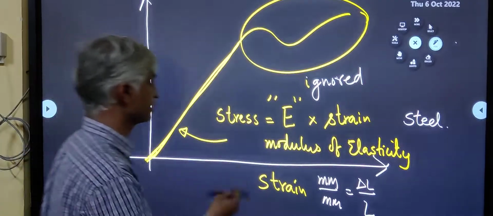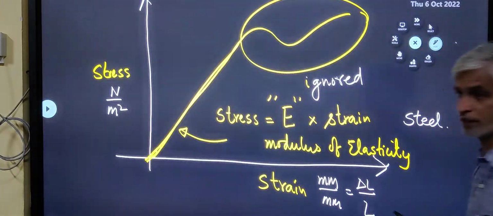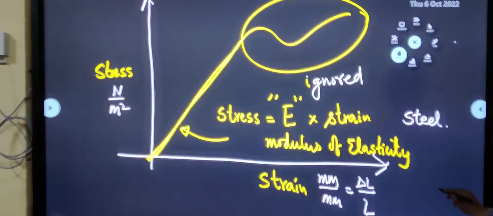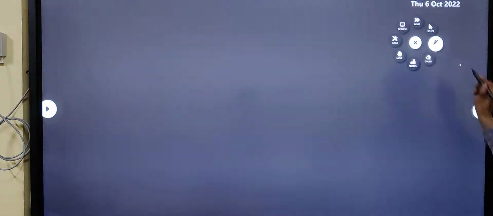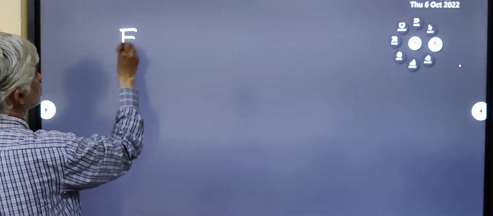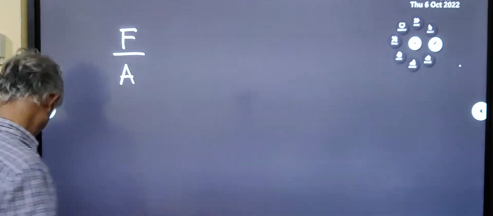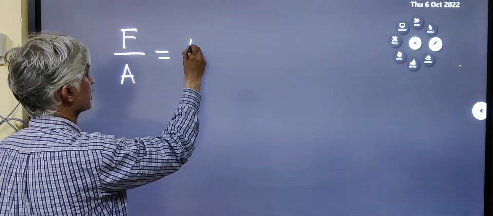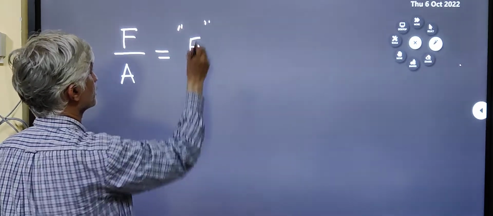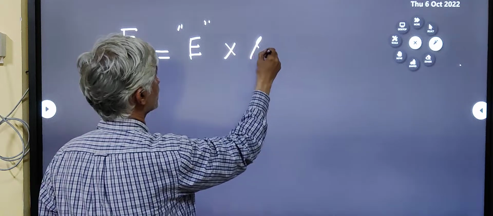So just remember this formula: stress divided by strain is Young's modulus, and all we need to do now is write down this formula very neatly. Stress, you remember, is F by A, and that is equal to the elastic modulus multiplied by strain.